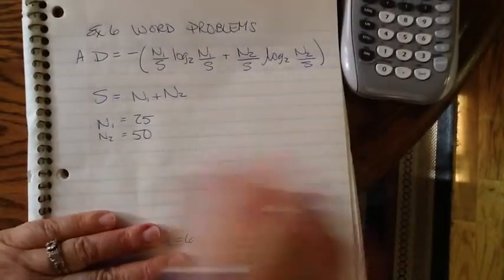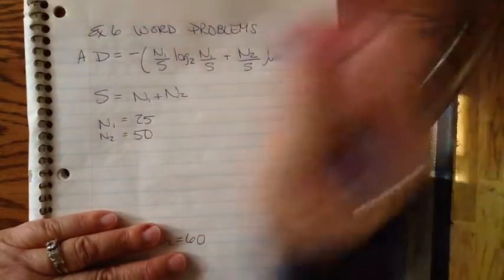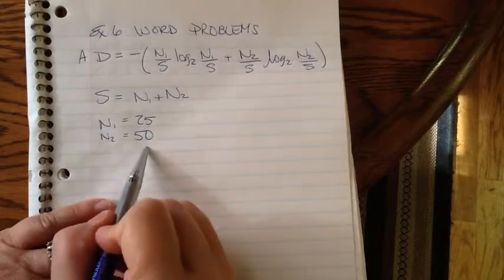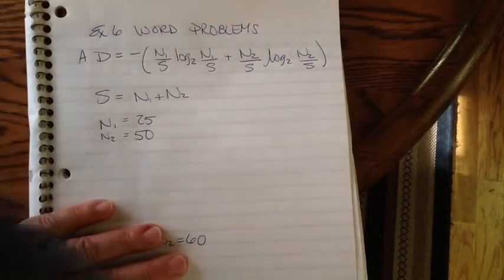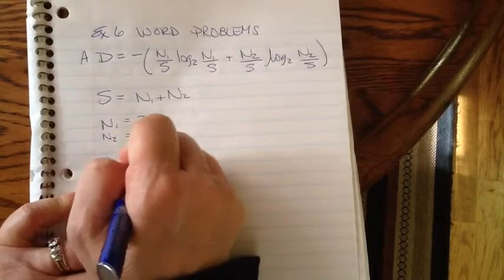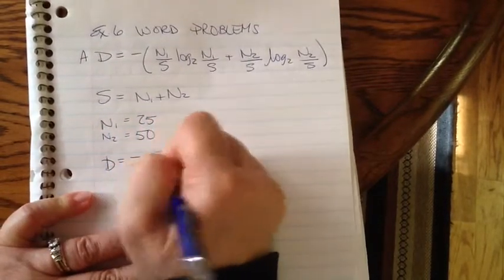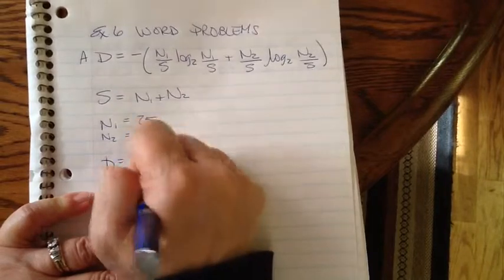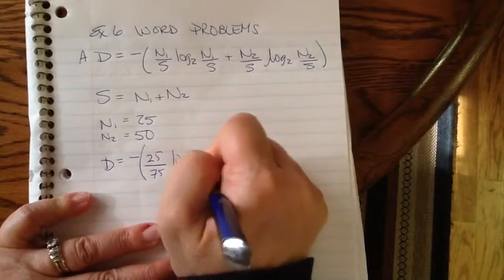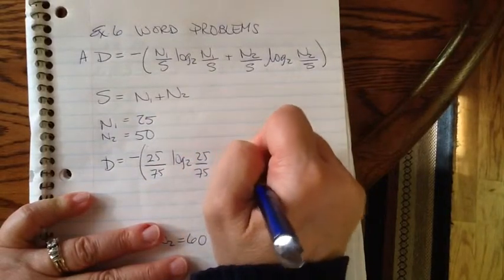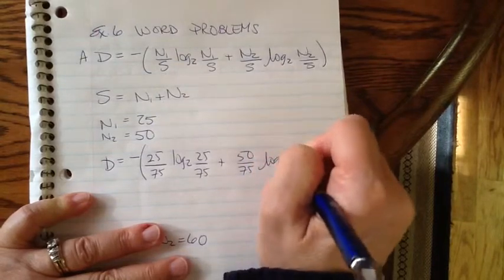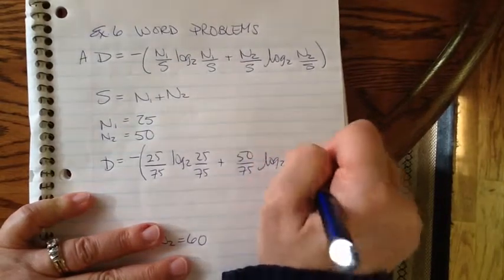So based on that information, I wrote down the equation, the function that they gave us, and 25 and 50. So what I have to do is actually plug these in. So the diversity is going to be negative 25 over 75 log base 2 of 25 over 75 plus 50 over 75 log base 2 of 50 over 75.